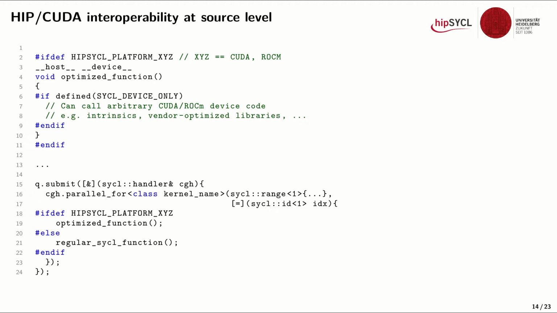And if you are in the device compilation pass, you can then call arbitrary CUDA or rocPRIM or device code such as intrinsics and optimized libraries and so on and so forth. And then inside your parallel for SYCL kernel, you would then check again if you're compiling for the target platform. If so, you call the optimized function, otherwise you call your fallback function.